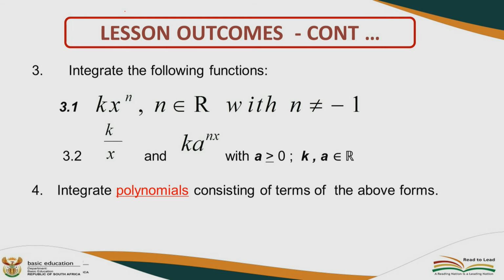Your second standard function is k over x. Lastly, it will be k of a to the exponent of n of x. In both of these two, ensure that your value of a must be greater than or equal to 0, and k and a are elements of real numbers.